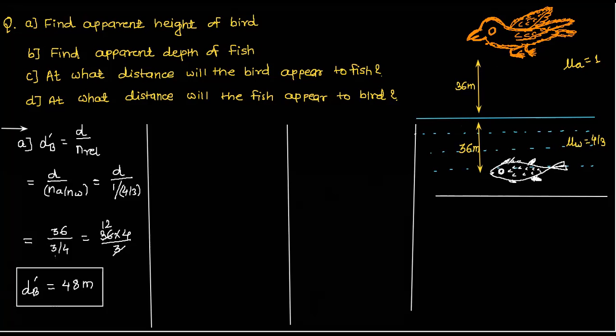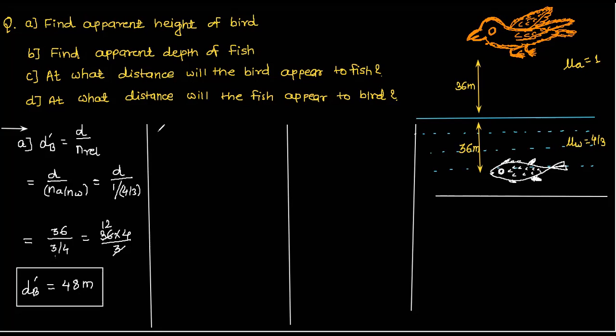Similarly, for the fish also the same thing. Let's first calculate this, then you will understand how the survival of the fittest works, how nature protects one another. If you want to kill someone, you should be superior to the one you are going to kill. That should be there, right?